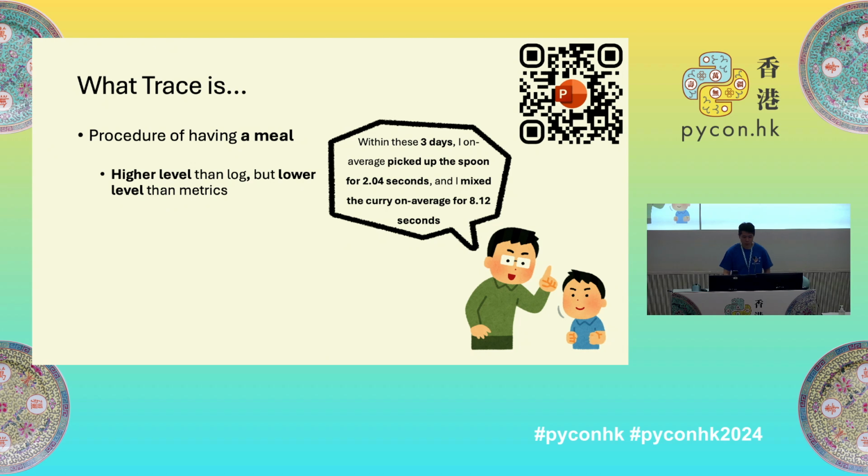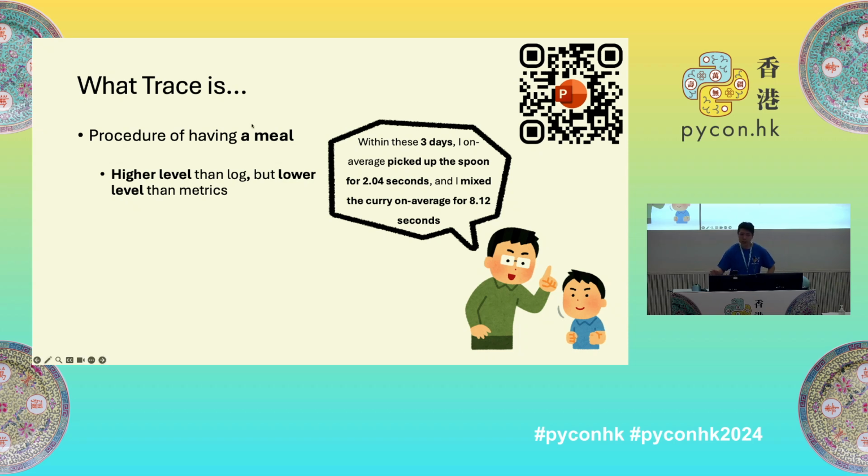And what a trace actually is, is describing the procedure of having the meal. He said, okay, within these 3 days, on average, I pick up the spoon with my right hand for around 2.04 seconds, and I mix the curry on average for 8.12 seconds. He is definitely a math maniac.